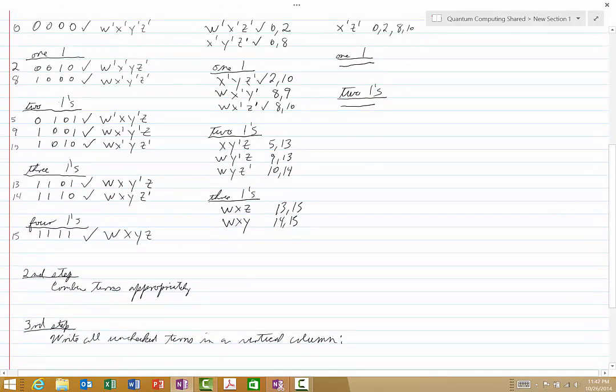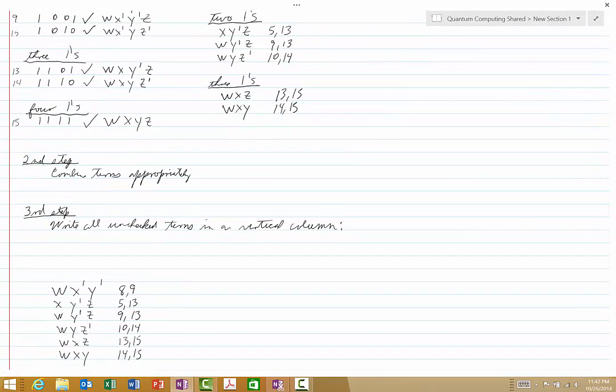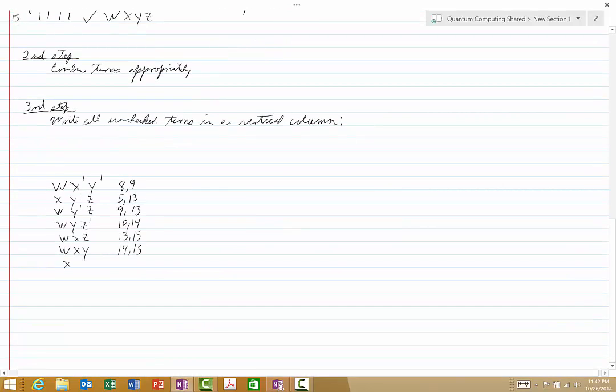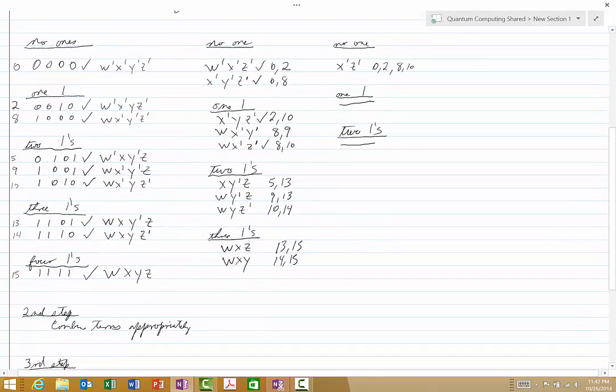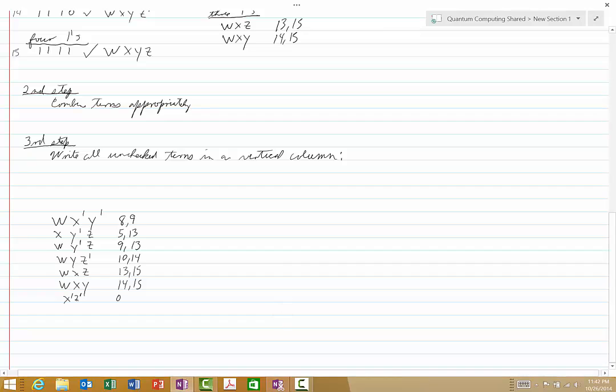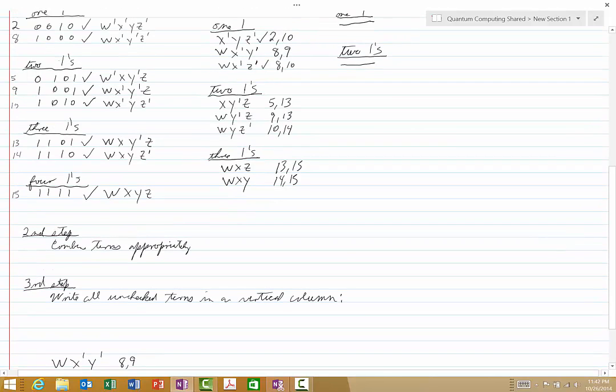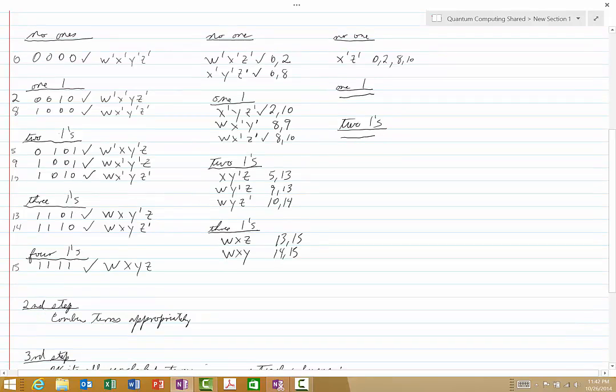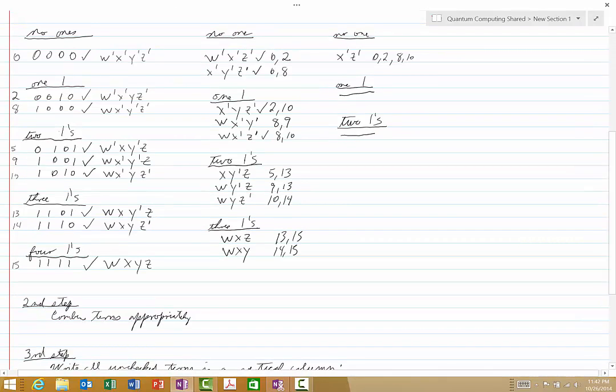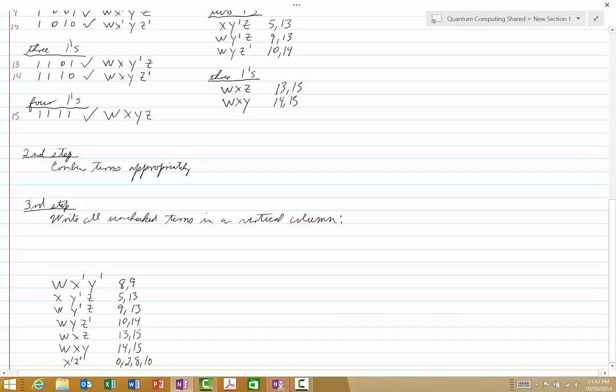And the final unchecked term is X prime, Z prime, which is 0, 2, 8, 10. So we have all of these unchecked terms, and just to make sure we're not missing anything, let's count them, see if the counts match. So we have 1, 2, 3, 4, 5, 6, 7 unchecked terms, and let's check down here. 1, 2, 3, 4, 5, 6, 7.